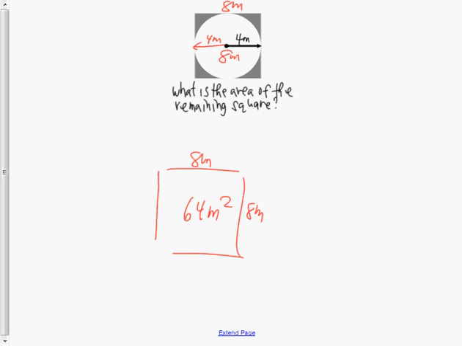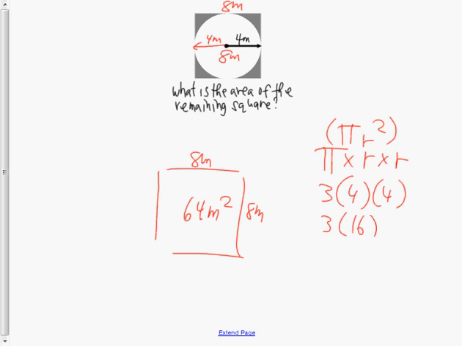Now from that 64 I need to take away a circle, and we all know that the area of a circle is pi times r squared. Either one you can think of, either one's the same thing. So we're going to use pi as 3 multiplied by the radius, which is 4, multiplied by the radius, which is 4. We're going to have 3 multiplied by 16.